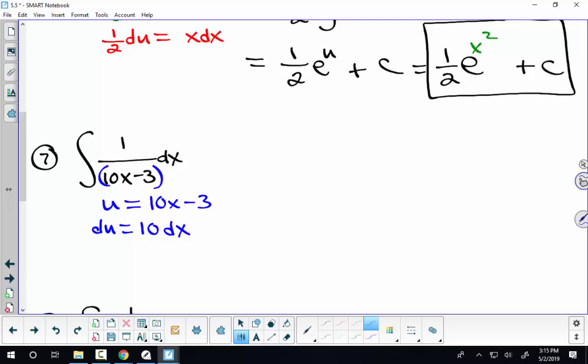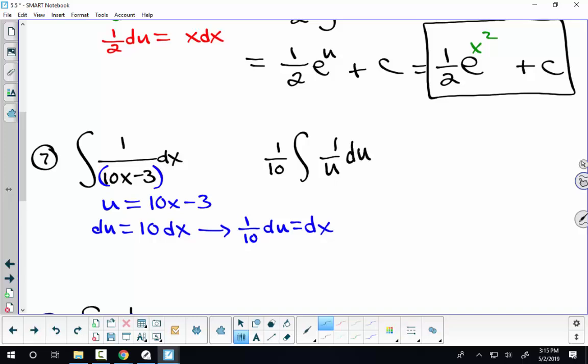There's no 10 sitting in this integral, so we'll divide both sides by 10. 1/10 du is dx. So the original integral in terms of u is what now? 1/10 times the integral of 1 over u, times du. Yep.